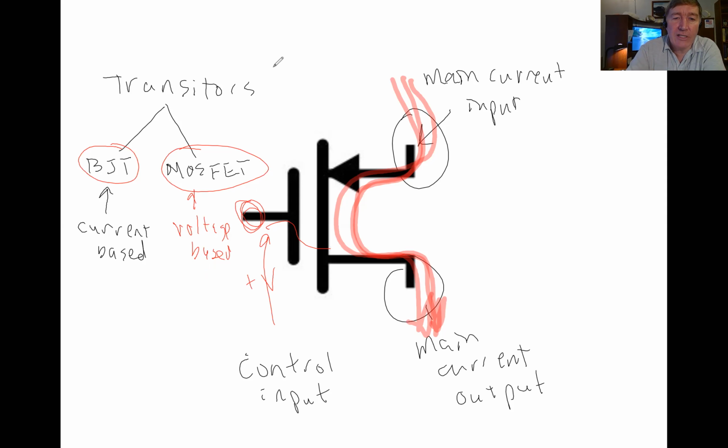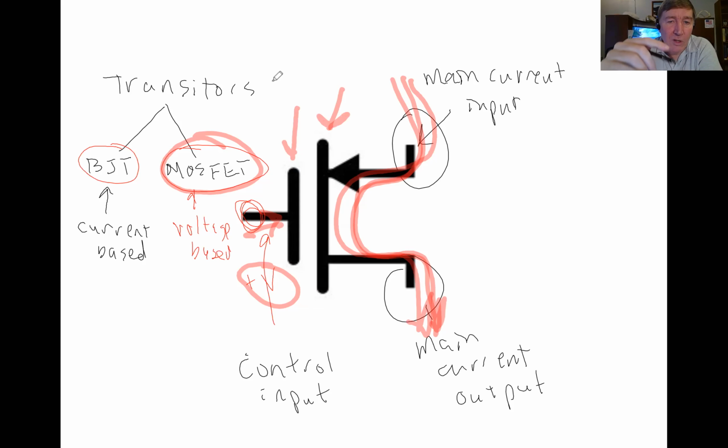This transistor that we're looking at right now is in fact a MOSFET. So that means that when we put voltage on here, current does not actually flow. And you can see by looking at it, the reason why it doesn't flow is because we have a break. The left side of this thing and the right side of this thing are not connected together. So we put voltage on there, but electricity does not actually flow into the input gate.